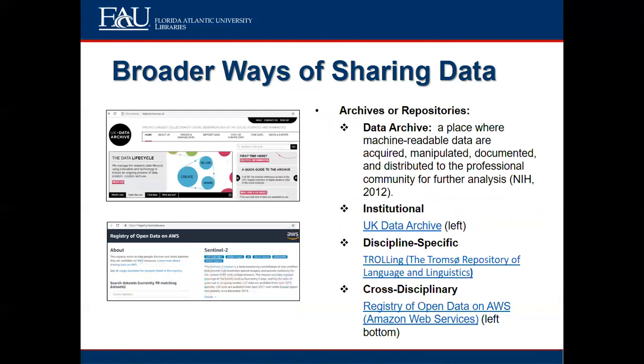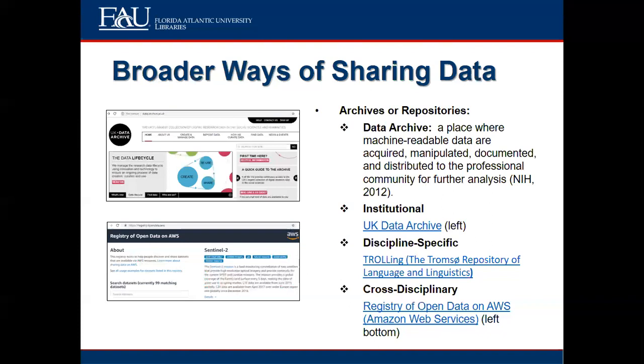Another way to share the data would be through archives and repositories. Now, they're not all necessarily identical or built the same. There are a lot of fine differences between the different types that are out there. The broader types of archives and repositories would be a data archive, and that's where machine-readable data is acquired, manipulated, documented, and distributed for the professional community for further analysis.